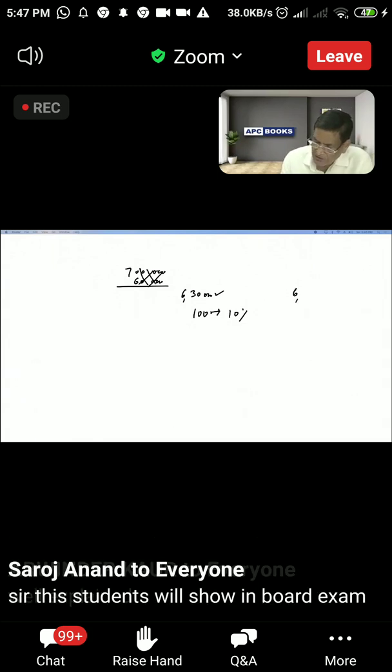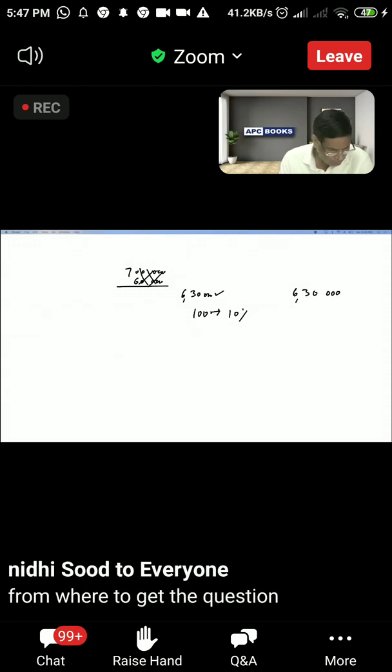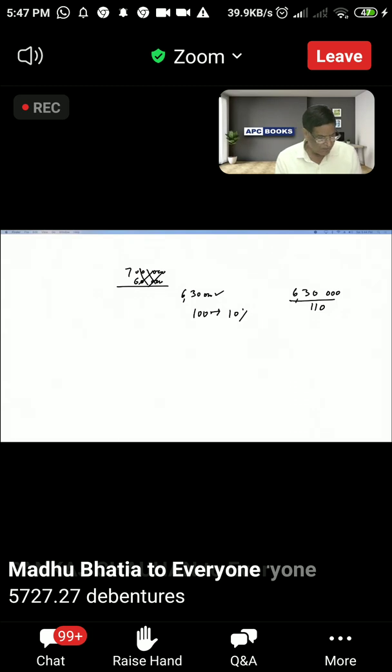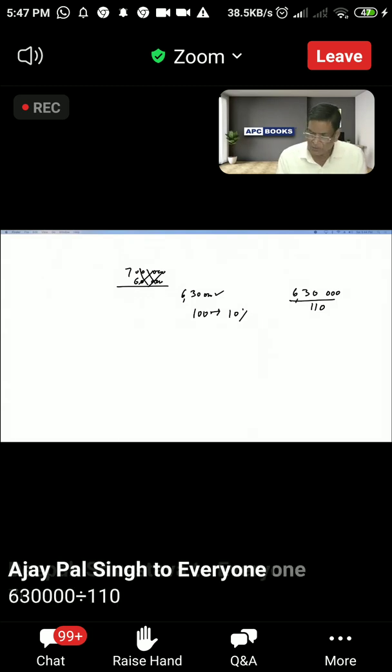We have to pay 6 lakh 30,000 divided by 1 upon 10. 6 lakh 30,000 divided by 1 upon 10. So we get the number of debentures as 5727.